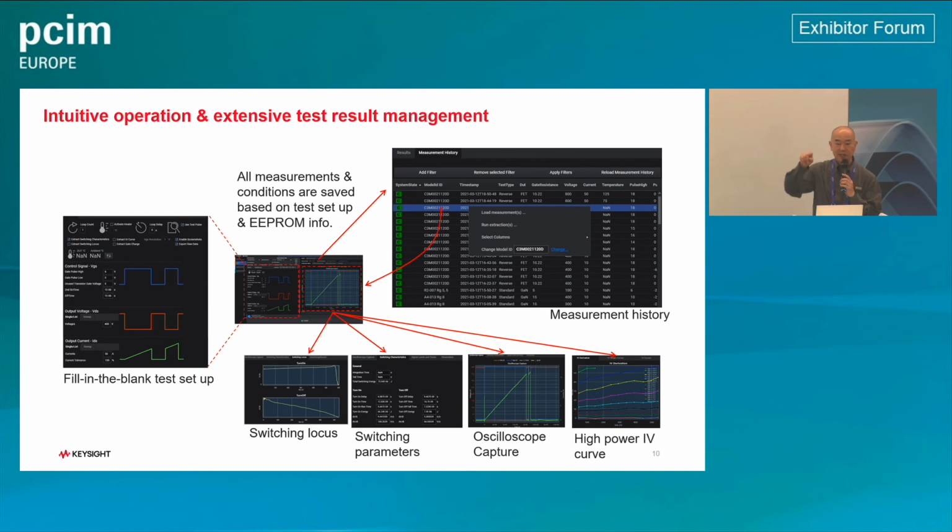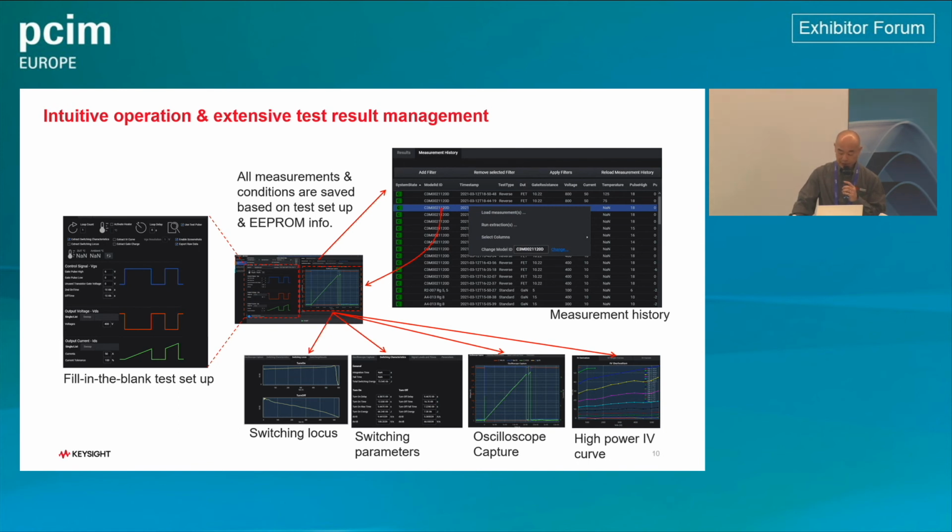You can check what kind of analysis you want to perform, like extracting switching parameters, drawing switching locus, or doing gate charge measurement, et cetera, and then click the start button to perform the measurement. Then the system will do all the work from measurement to analysis, like drawing switching locus, extracting switching parameters, and capturing oscilloscope traces.